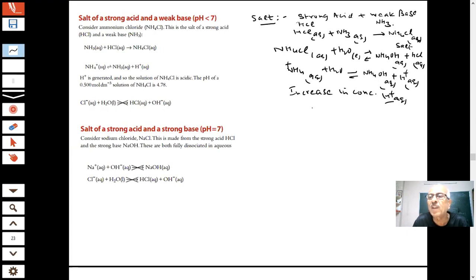Will the pH be greater than 7, less than 7, or equal to 7? Increasing concentration of H plus means the pH will be lesser than 7. The solution will be acidic. pH will be less than 7.